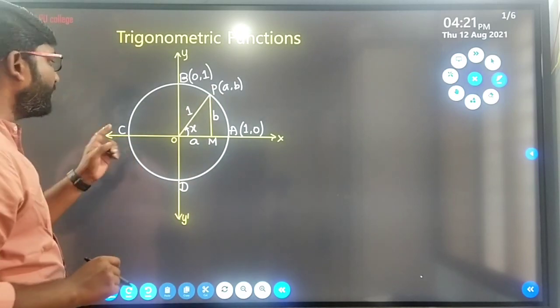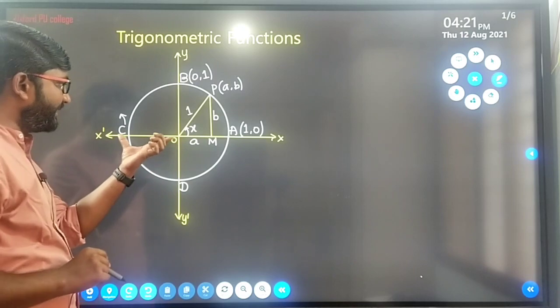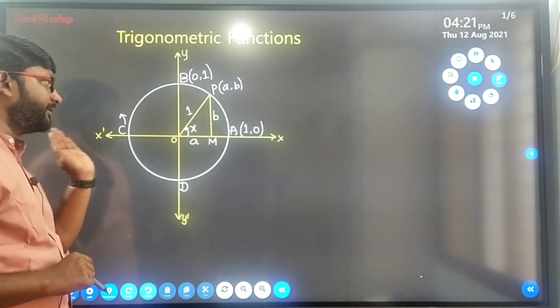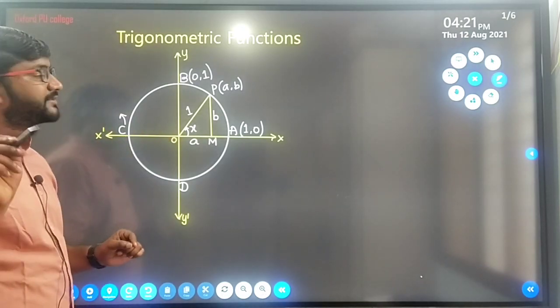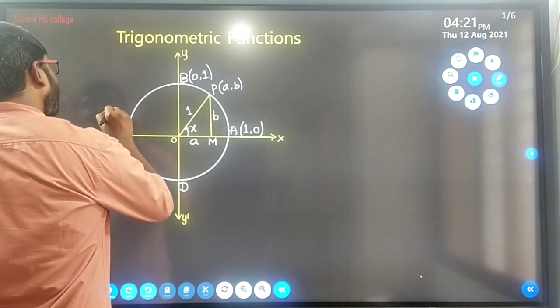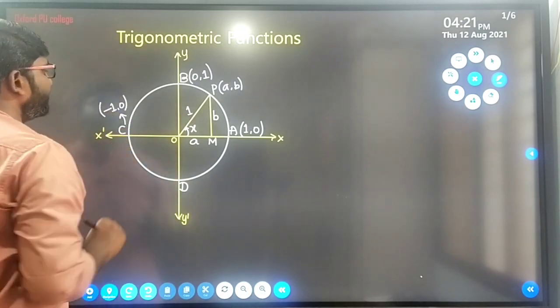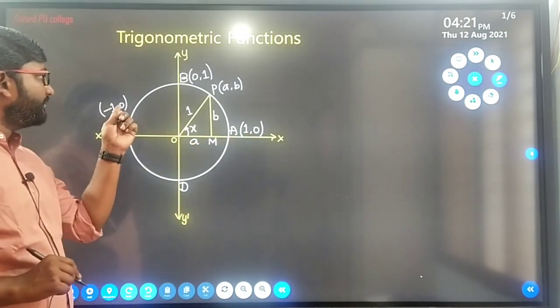Then come to the point C. What are the coordinates of the point C here? Since we are on the negative x-axis, we have to take the x coordinate as -1. So here the coordinates of C are (-1, 0). Again the point C is on the x-axis, so the y coordinate must be 0.